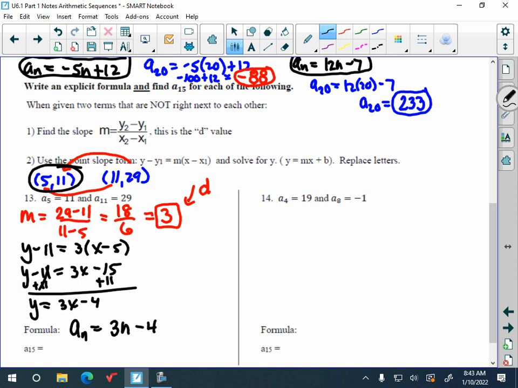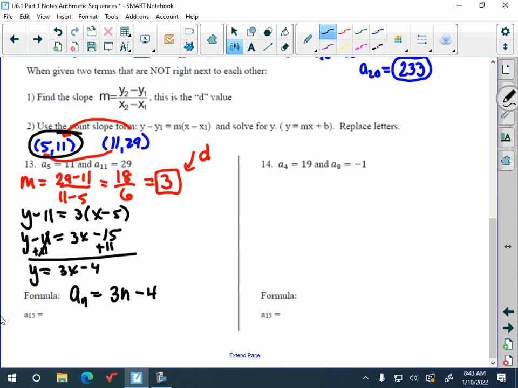So we have the explicit formula a_n equals 3n minus 4. Now we can find the 15th term by plugging 15 in for n. So a sub 15, I already have that. 3 times 15 minus 4. And we just simplify it down. 3 times 15 is 45, minus 4 is 41. So the 15th term, a sub 15, would be 41.